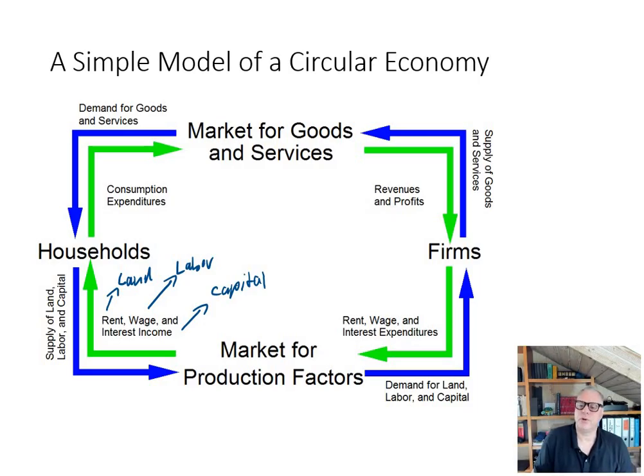But once the firms supply the goods and services and they sell their goods and services on the market for goods and services, they receive income, and we call those revenues and profits. So the difference between revenues and profits is that revenue is simply the price times the quantity, and of course for all the goods.